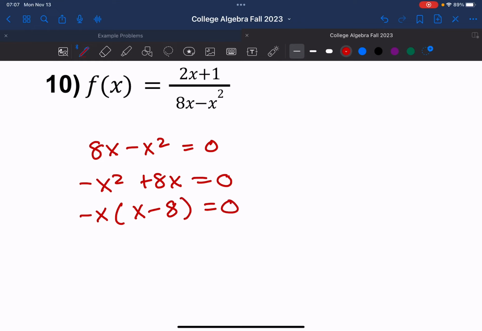When I took out the GCF, is this factored now? Yes, it is factored. So the zero product property tells us to do what? Set everything to 0, including that negative x.